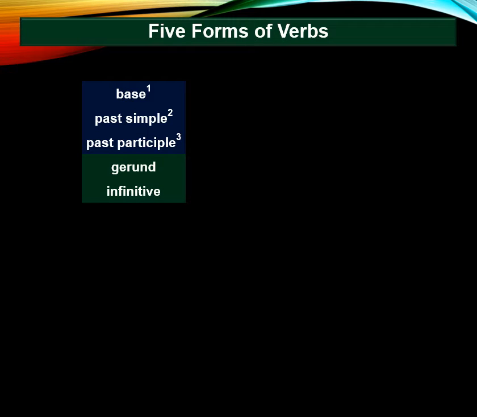Every verb has these 5 forms: base, past simple, past participle, gerund, and infinitive. Verb tense, the past, present, future, continuous, simple, perfect, all of that comes from these first 3 forms.